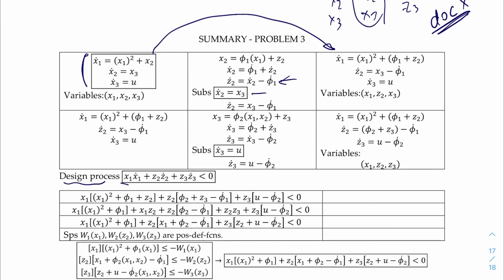Now, the design process: write x1 times x1 dot, and looking at this, x1 dot is this here, z2 dot is this, and z3 dot is this.